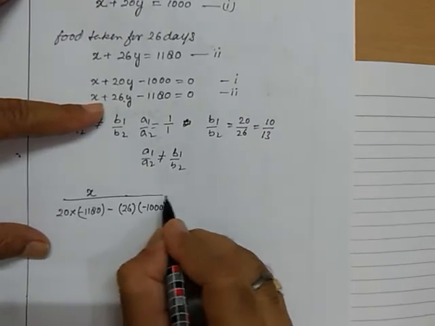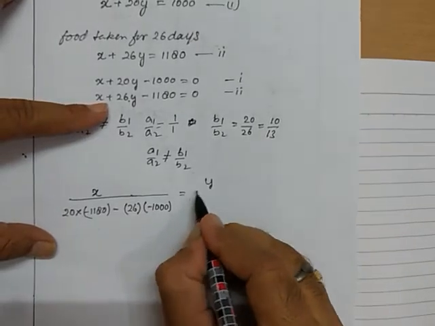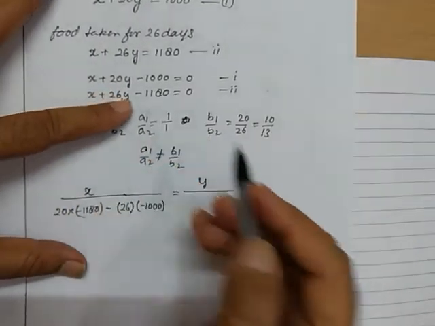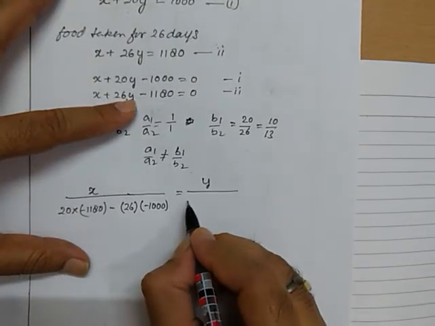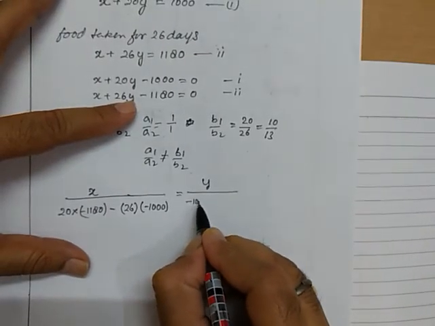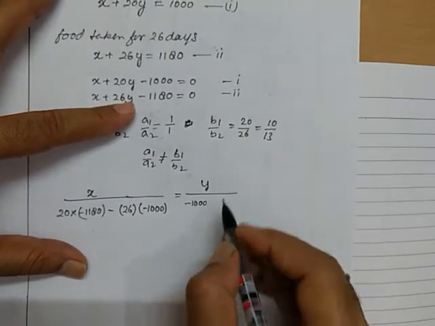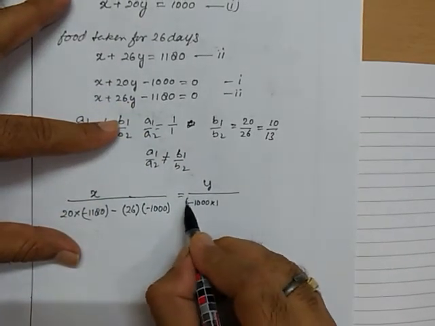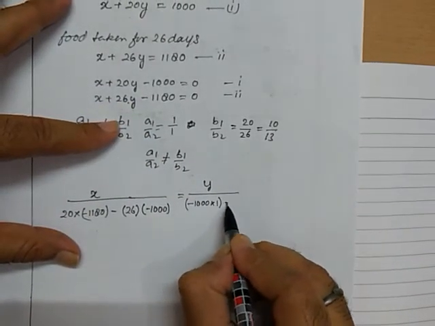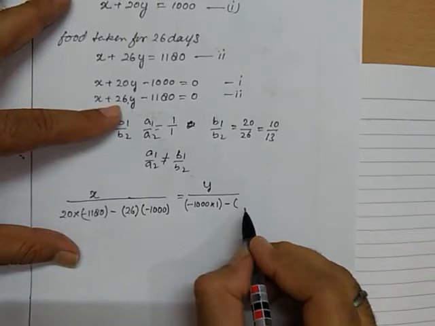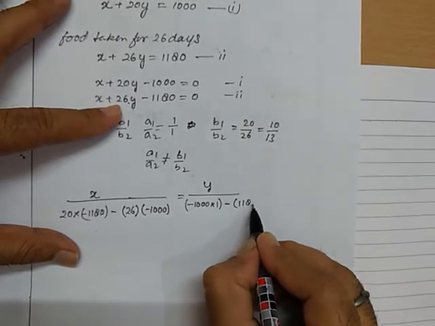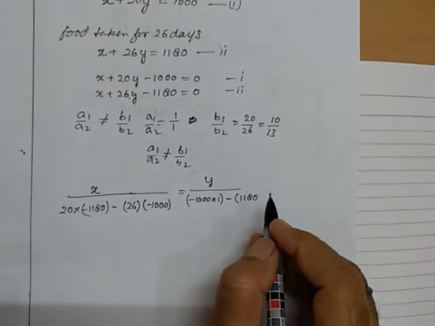And this will be equal to y upon, so here this will be minus 1000 into 1, and minus this will be 1 into 1180.